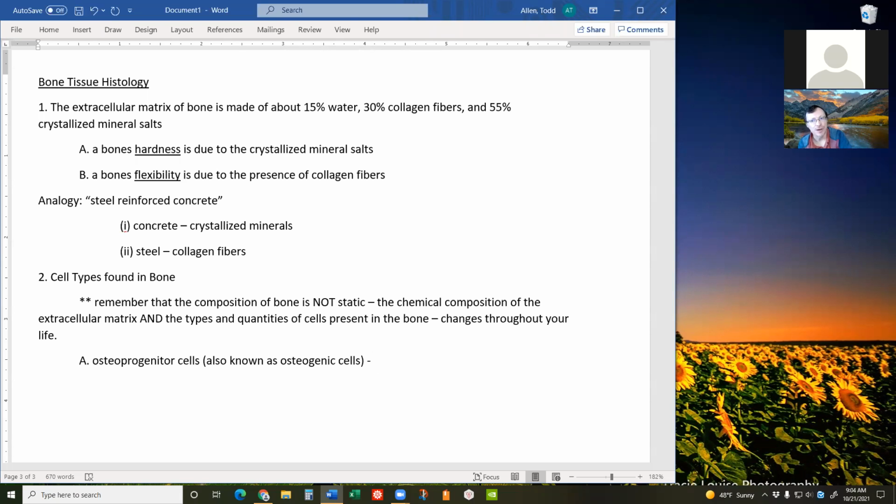These are unspecialized stem cells, folks. They are bone stem cells. Okay, these are unspecialized bone stem cells.